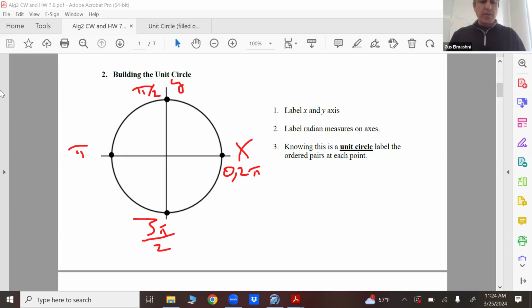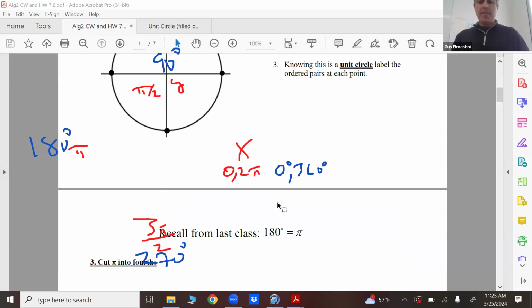So if you did degrees in blue, 0 degrees, 90 degrees, 180 degrees, 270 degrees, and 360 degrees. So this is the unit circle. Okay, questions? No? All right.